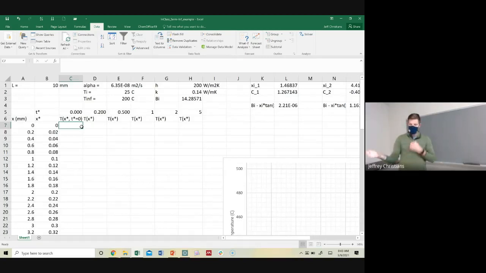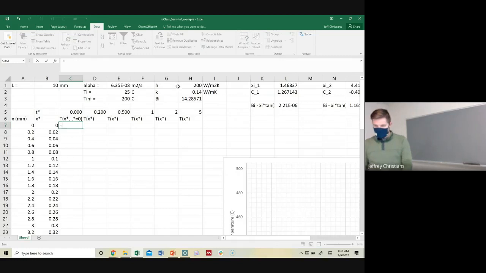So the temperature. To figure out the actual temperature, we know that this is going to be equal to, well, I'll flip it from theta to temperature. So it's going to be T infinity plus the temperature difference, sorry, this one minus, doing bad parentheses. And I'll lock those in with dollar signs.